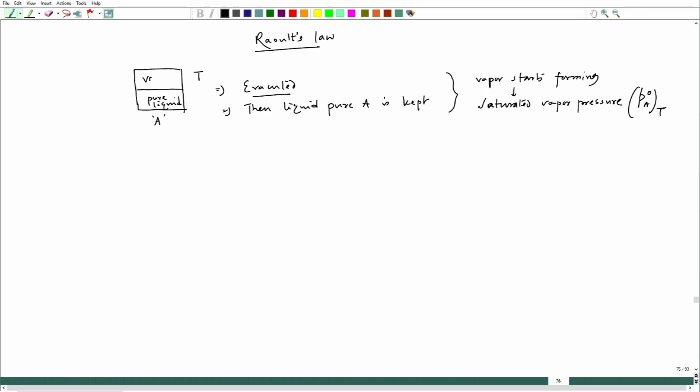So, here we have the vapor of A in equilibrium with the pure liquid A.